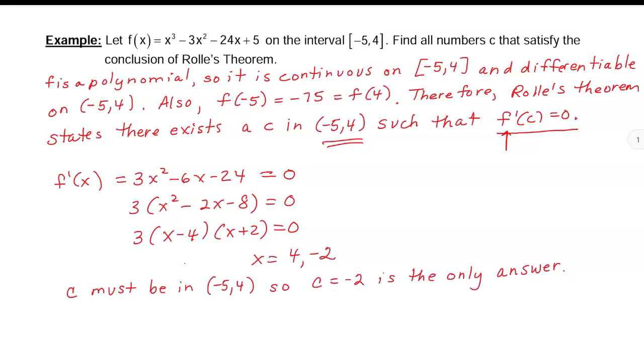When you write your explanation, be sure to cover the hypotheses and then state the name of the theorem and what it is allowing us to do. So you state that you're applying Rolle's theorem and that you're allowed to say f prime of c equals 0. That allowed me to take the derivative and then set it equal to 0. Also make sure you include your conclusion at the end.